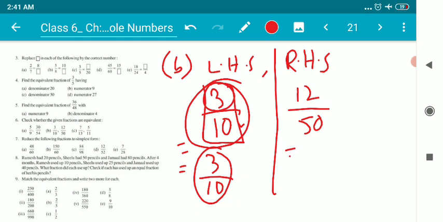Next fraction, in the right hand side, was 12 by 50. We can reduce it by 2. 6 2s are 12, 25 2s are 50.